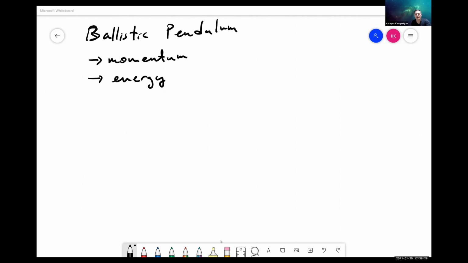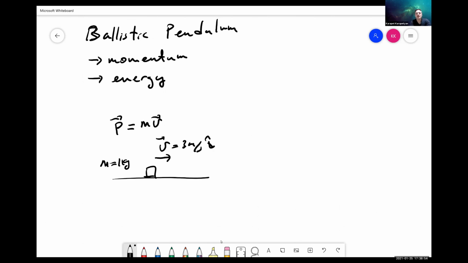Generally, what we talk about here is momentum, and P is for momentum, right? It's a product of the mass and the velocity of the object, and it's a vector always in the same direction as the velocity. For example, if you have an object that has a mass of 1 kilogram, moving with a velocity of, let's say, 3 meters per second I hat, then momentum will be 1 kilogram times 3 meters per second I hat.